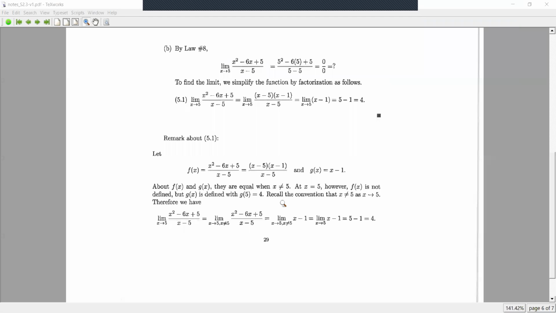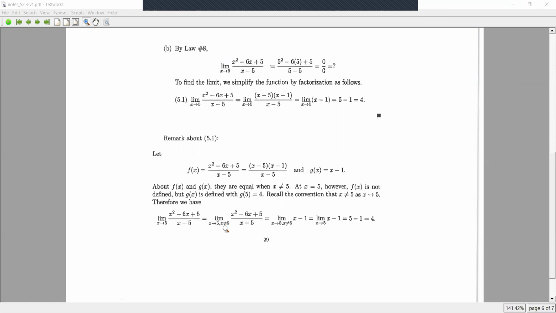To answer the question, we need to recall the conventions about a limit. One of the conventions says that as x approaches the point 5, in this approaching process, x is not equal to 5.